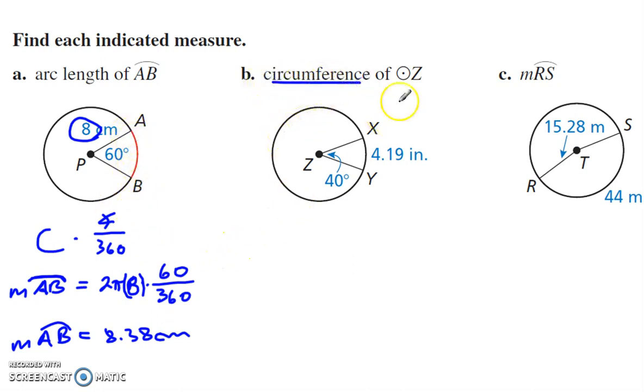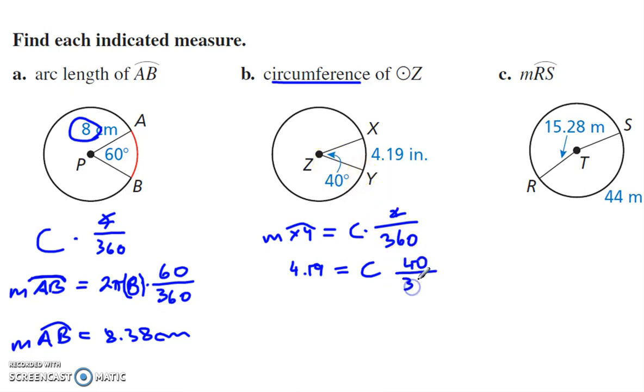Find the circumference. Again, we know that the arc length of XY is equal to circumference times central angle over 360. Now we're looking for the circumference, so we're going to multiply by the reciprocal. Let's plug in first, so you don't get quite as confused. 4.19 is equal to the circumference times 40 over 360.